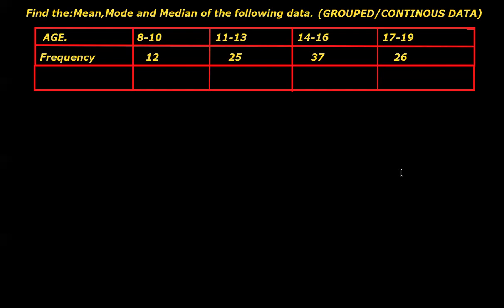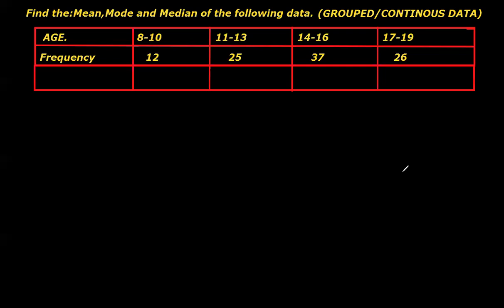Now, first and foremost, a very important detail. I need you to look at the age row, and I think what you can see is our data is not continuous. Right? We have 8 to 10, and then it begins again from 11 to 13.